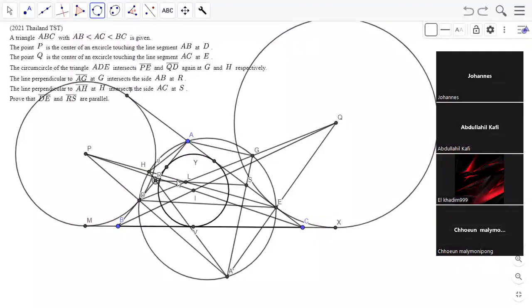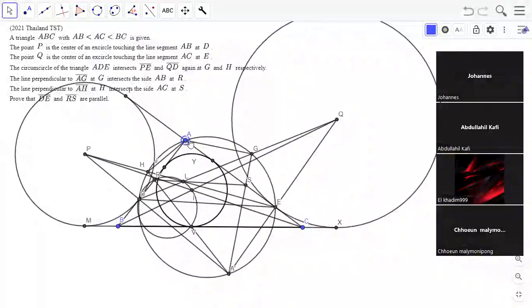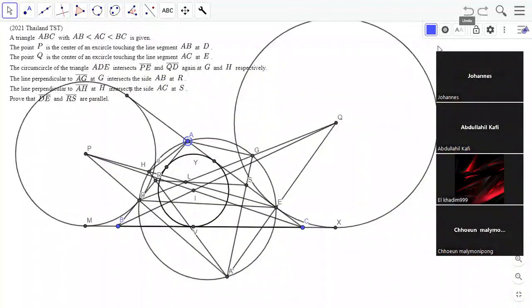Wonder if there's another circle through R and L. So RLAH, we want to show that cyclic. But I don't know if I see another circle like that. Maybe RLI and that point? No. Yeah, that's not going to work.